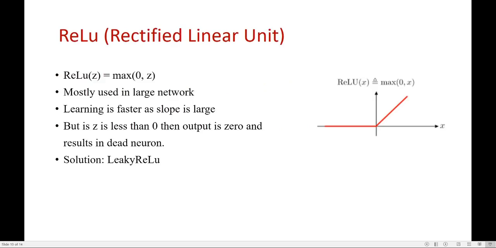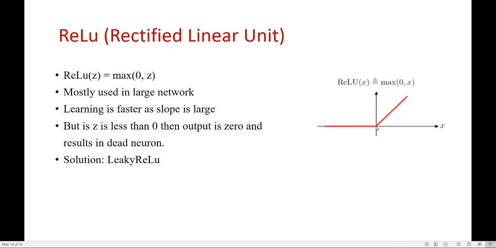So let's see what is meant by ReLu and Leaky ReLu. ReLu stands for Rectified Linear Unit. A simple function is available for ReLu: max of 0 and z. It means we take the z value as it is if the value of z is greater than 0.